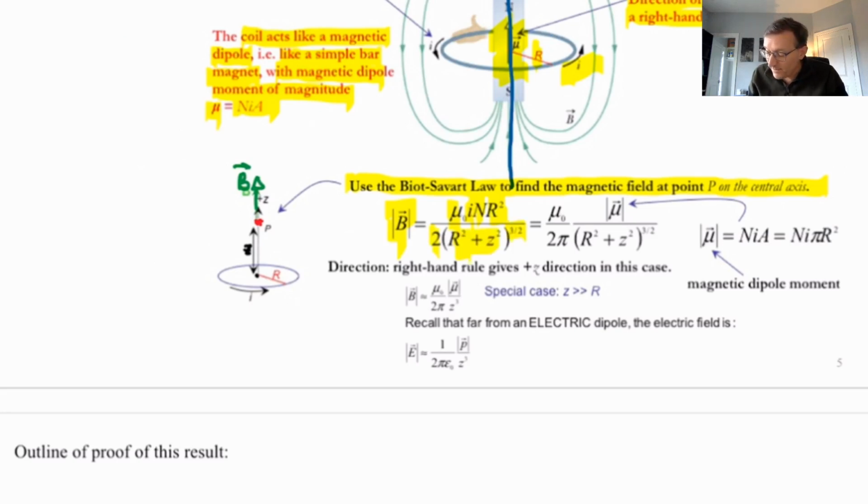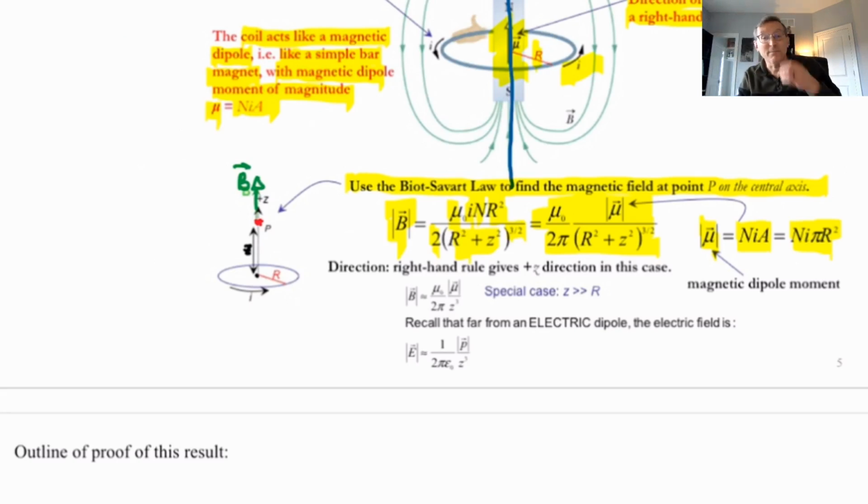Now we can take capital N times I times A, which is N times I times pi R squared, and that's the magnitude of the magnetic dipole moment of the loop. If we do that, we can write the formula for B this way: mu 0 over 2 pi, times mu, the magnitude of the magnetic dipole moment vector, over R squared plus z squared quantity to the 3/2.